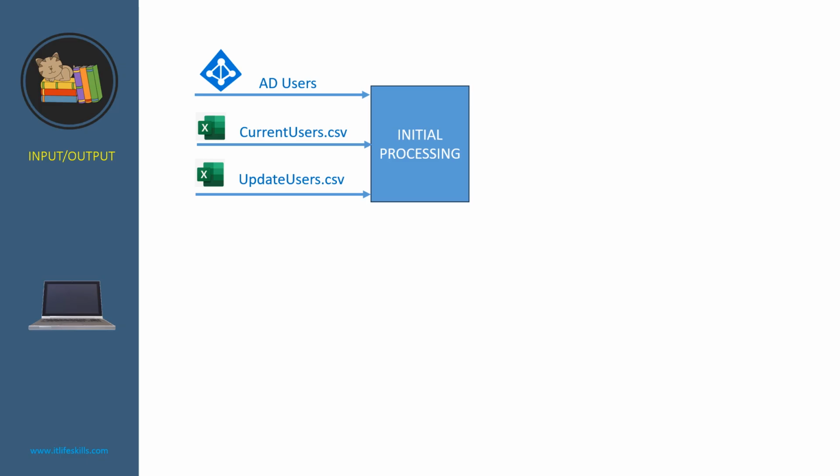For each user found in the update users.csv file, the PowerShell script will generate the property name and the current value found in Active Directory and the update value found in the update users.csv file.